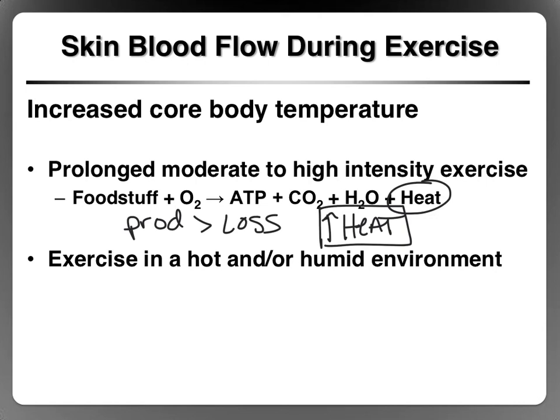Also, if you exercise in a hot and humid environment, this is going to happen even sooner. Okay, so you don't have to exercise as long in a hot or humid environment for your heat to accumulate, because in a hot and humid environment, it's harder to dissipate heat.